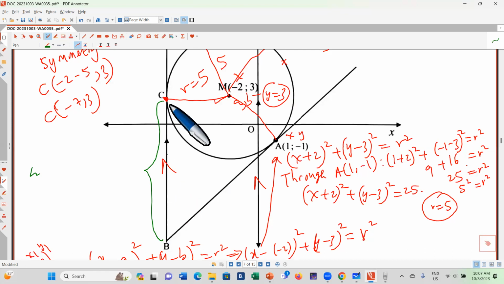Because this line is parallel to the y-axis, it starts at the same x value as the coordinates of C. So this point is actually -7. The x value is -7.